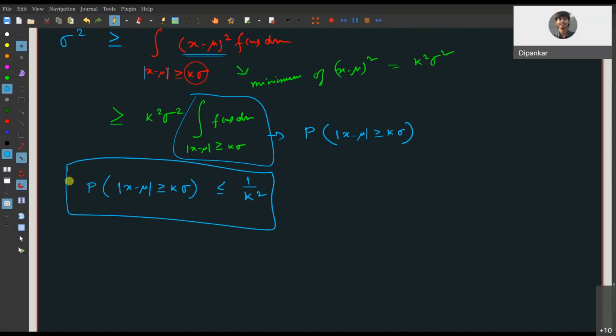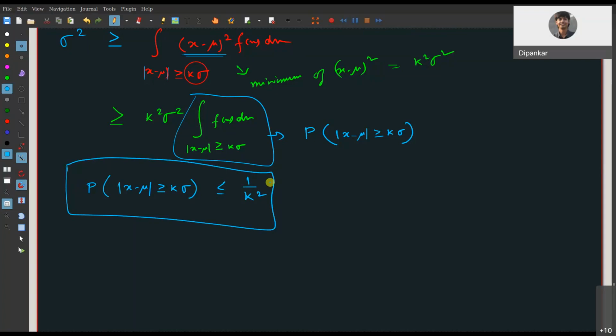Remember, even for any arbitrary distribution, as long as it is well normalizable and the mean and standard deviations are well defined, the probability to find the random variable x away from μ by kσ cannot be arbitrarily large.